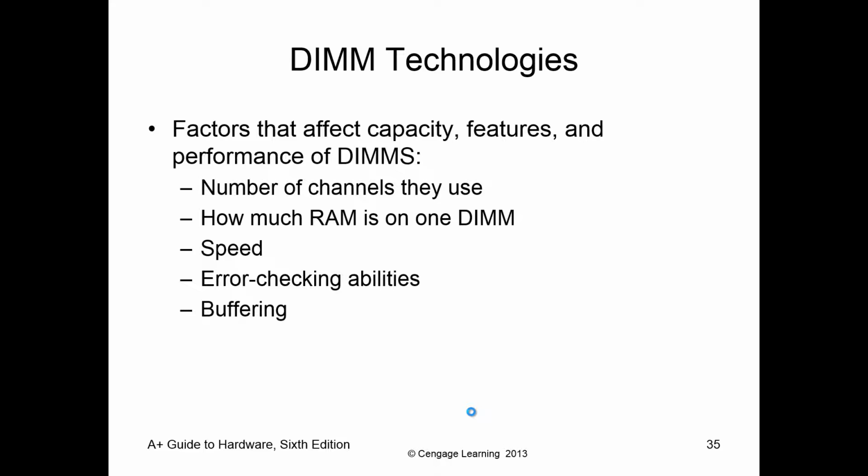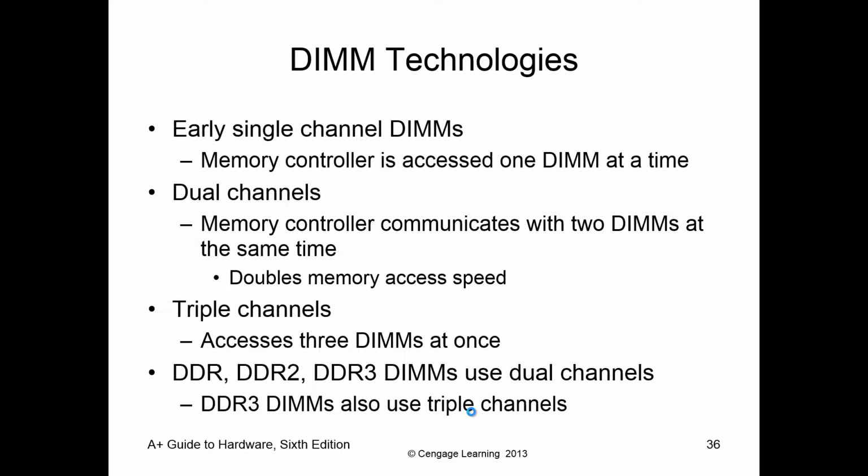The error checking is actually one of the key things for speed, because if we have to double check all of the items in memory, it slows down the memory. For an everyday computer, normally we don't do memory checking or error checking. However, for servers, we have special memory that does do error checking. It really all depends on your requirements.